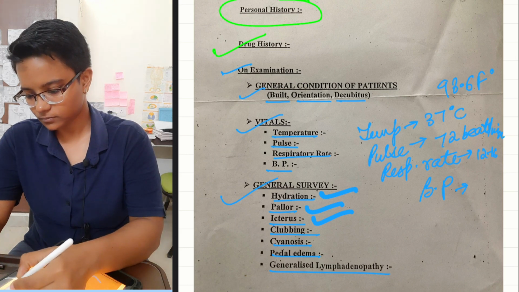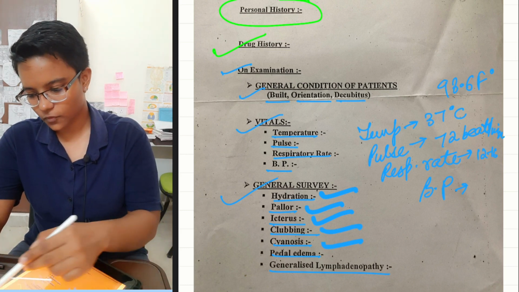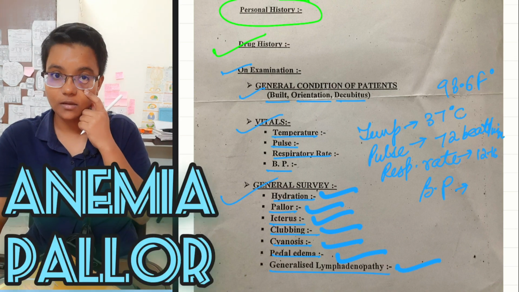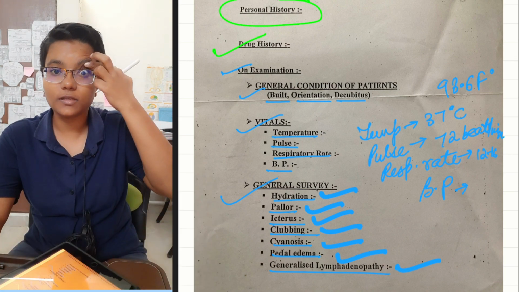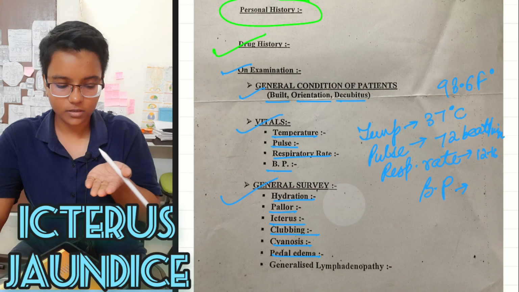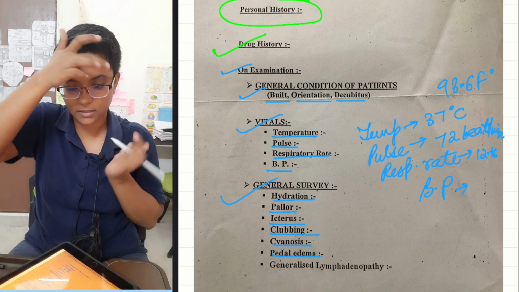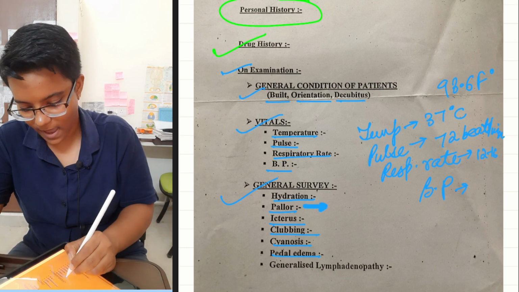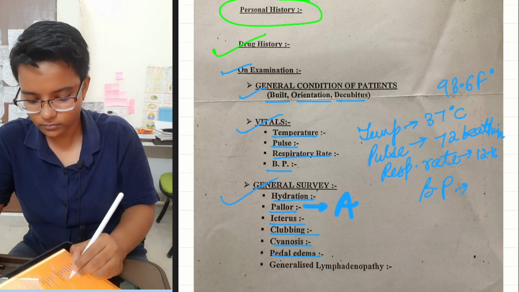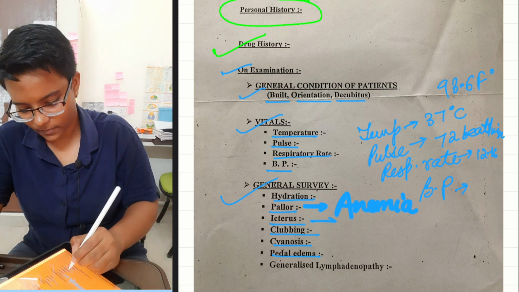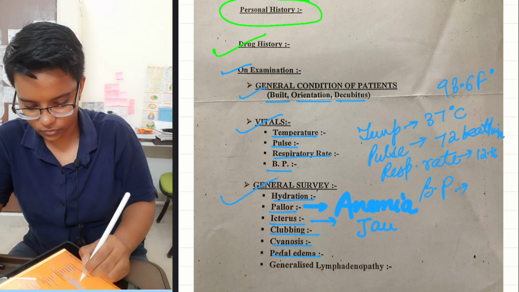And what are the conditions for which we do these things? Pallor goes for anemia, and icterus for jaundice.